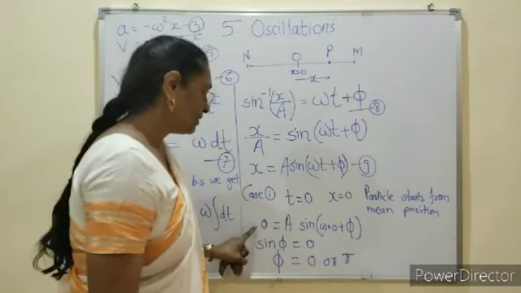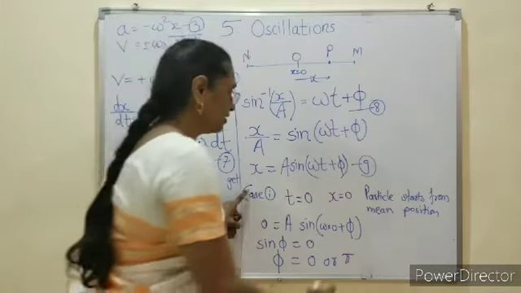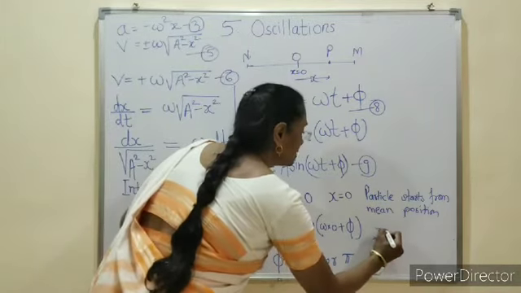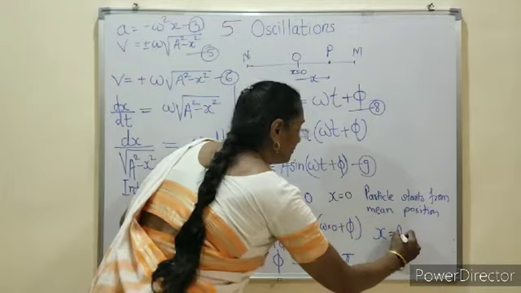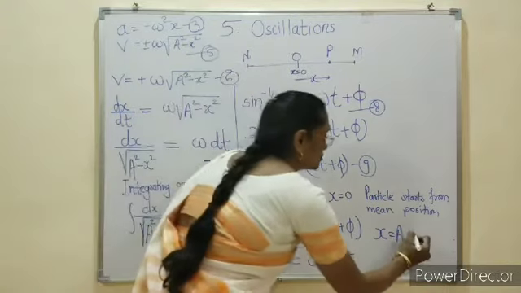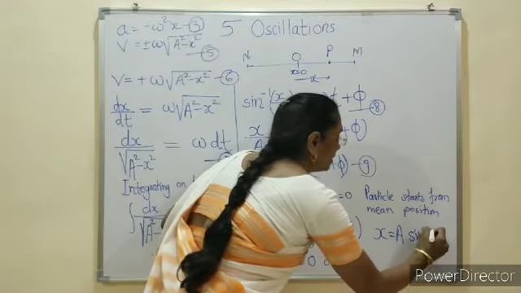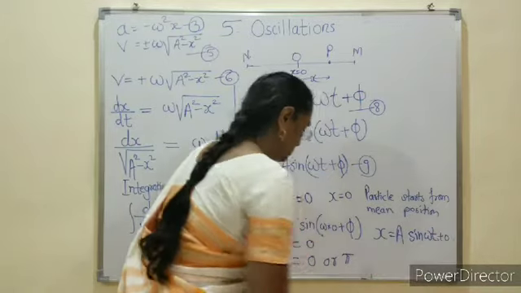Then equation 9 becomes x is equal to a sin(omega t plus 0).